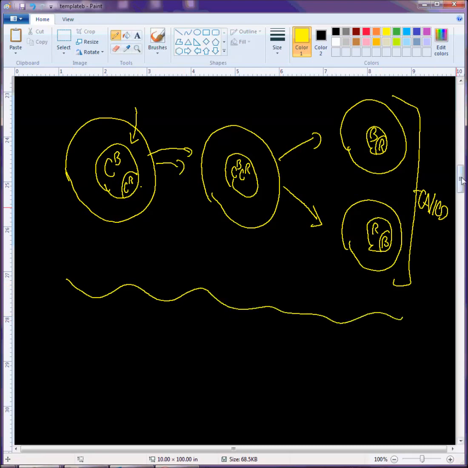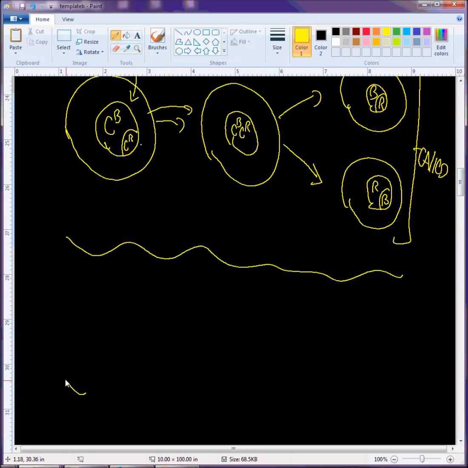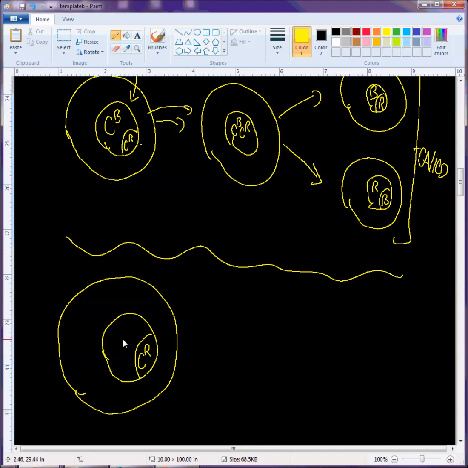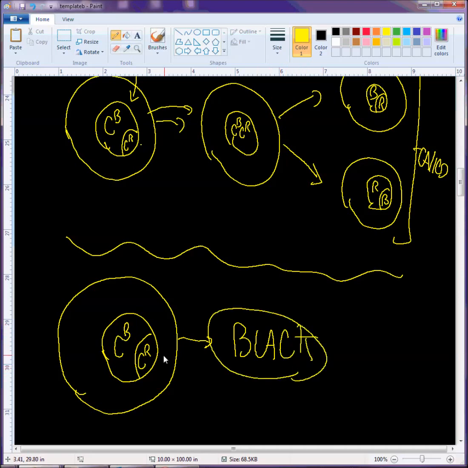The other possibility is that when the enucleated egg is given the nucleus from Rainbow, and let's say the CR allele was on the X chromosome that's inactive, then every cell from here just has the same X chromosome inactivated. In that case, there'd be no black and red patches. There would just be the black patches, because every cell has the red allele inactive.